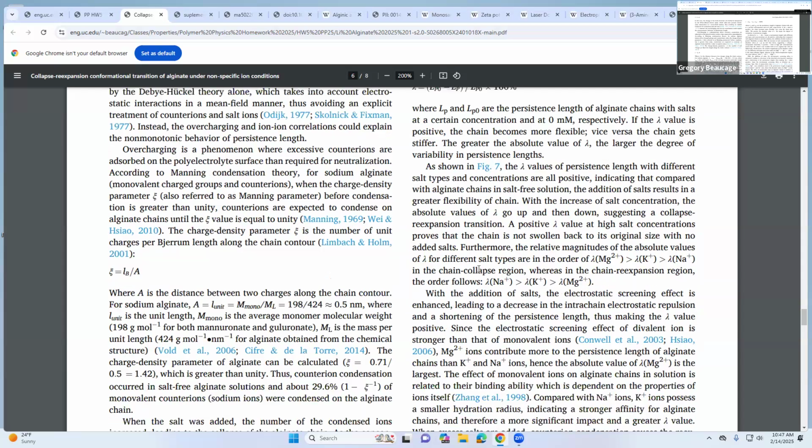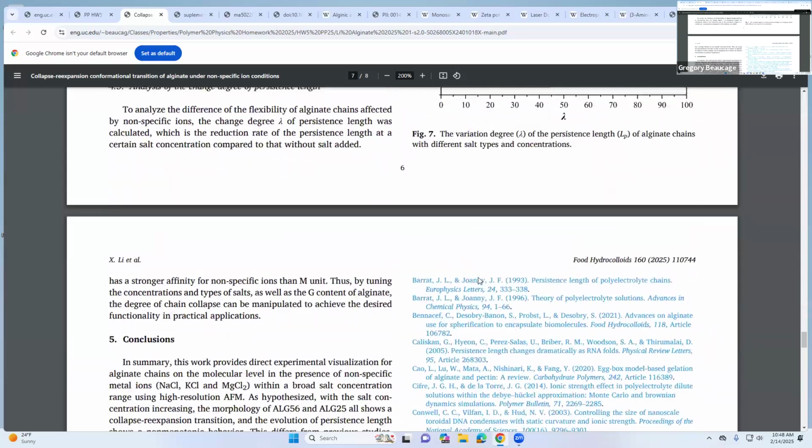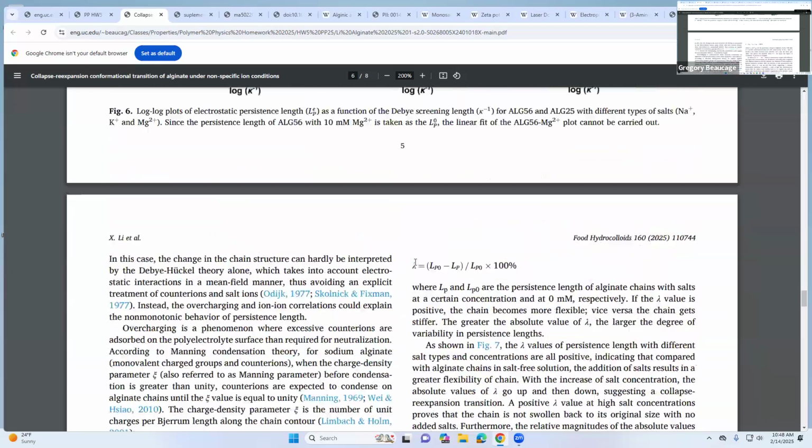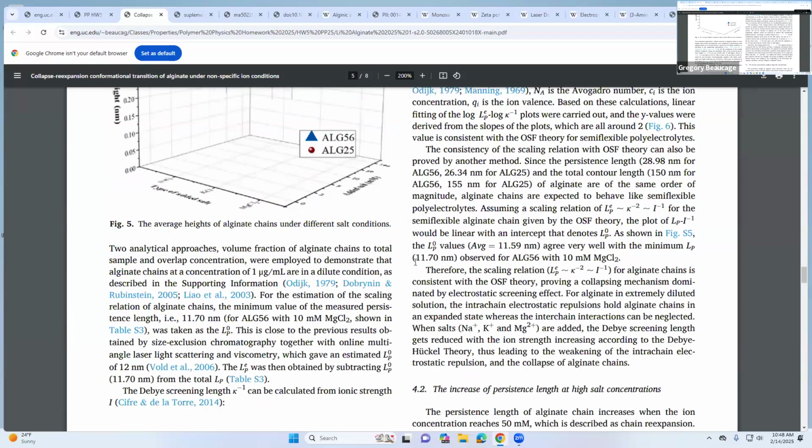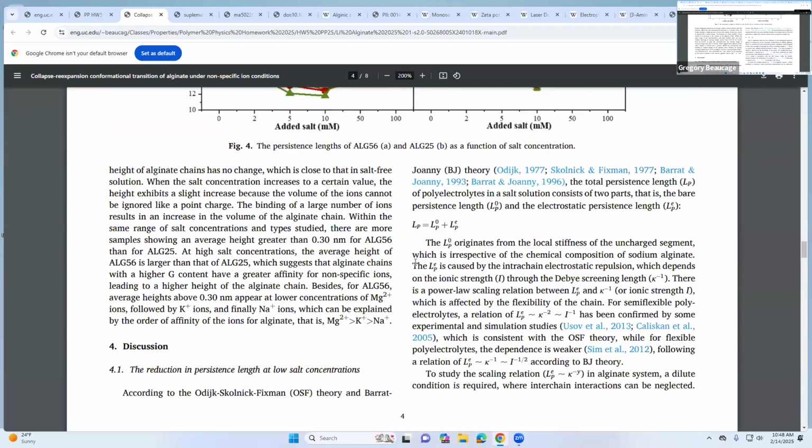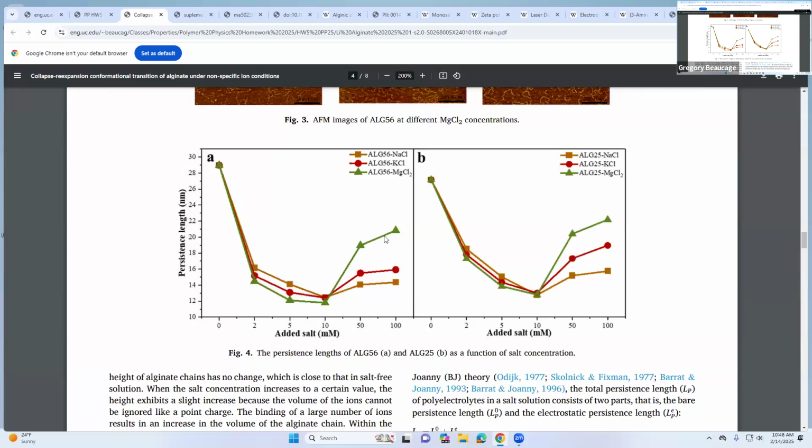Even when he has the ion condensation, he still gets a smaller chain. So even when he goes here, he never gets back to the original. This would be lambda 0, and then it's positive when it goes down.